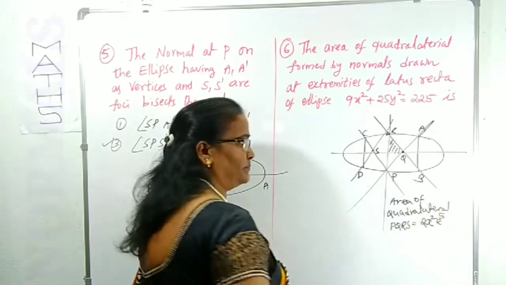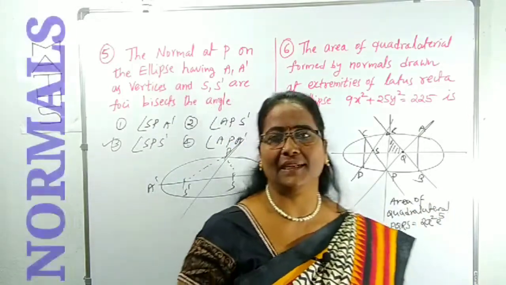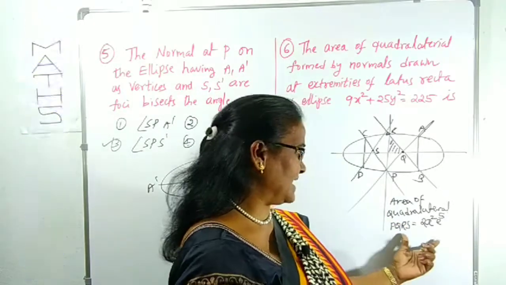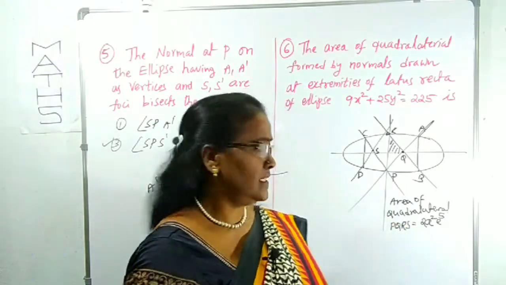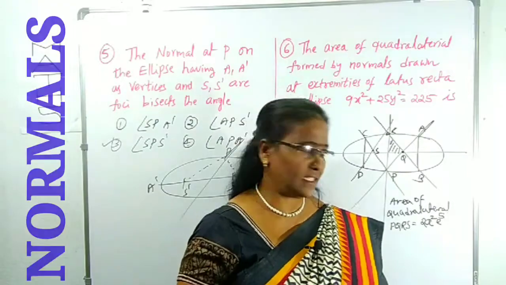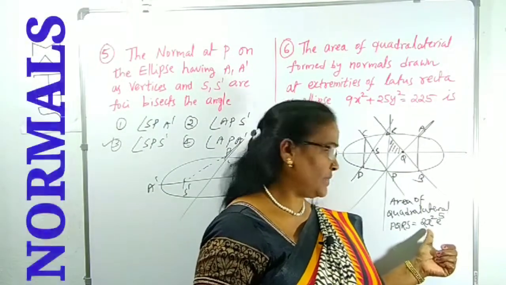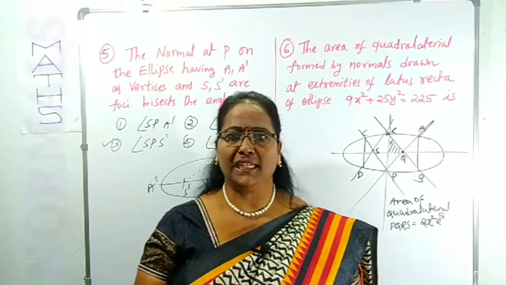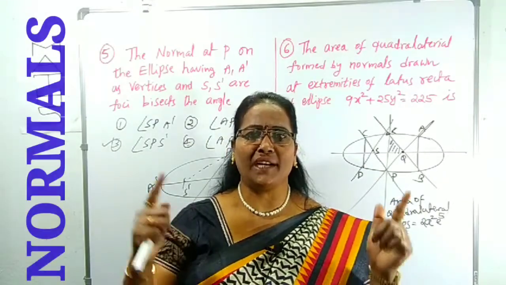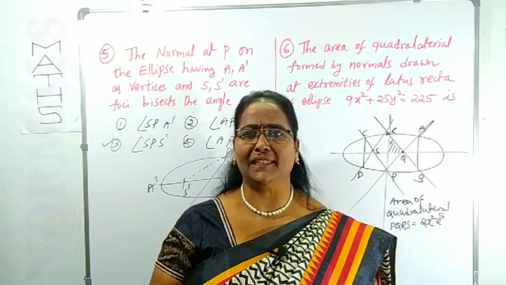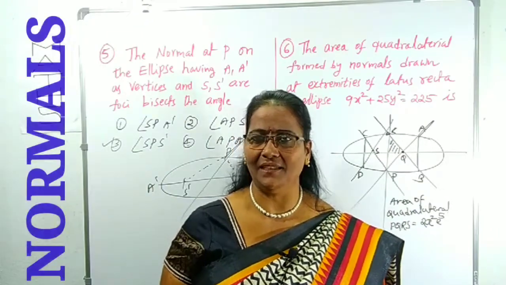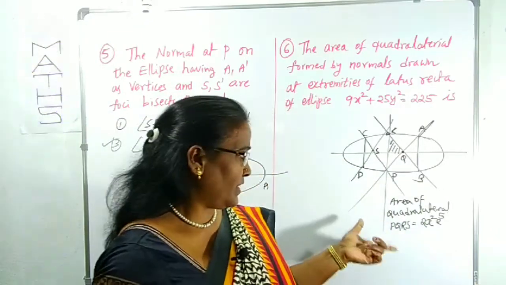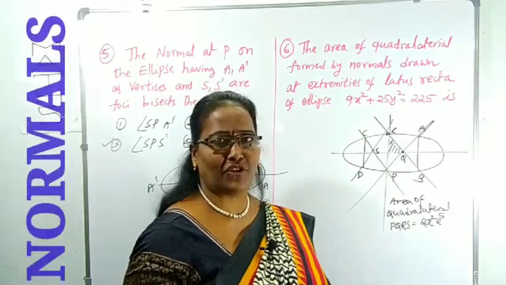By theoretical calculation we can get it, and this can be used in competitive examinations. What is this formula? 2a square e power 5 is the area of the quadrilateral formed by normals drawn at the extremities of latus recta. To find this area, we can use this formula.